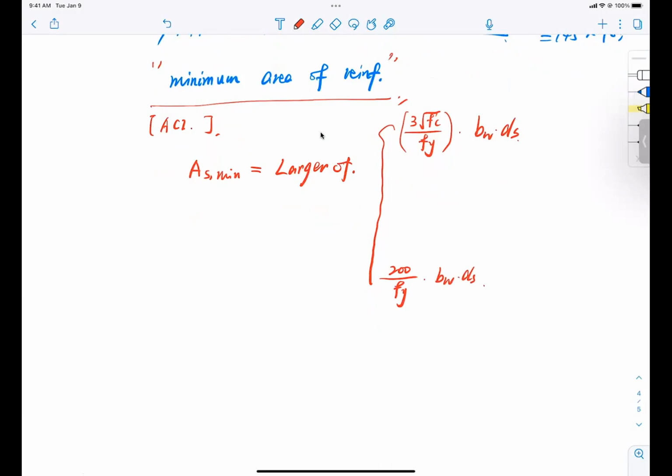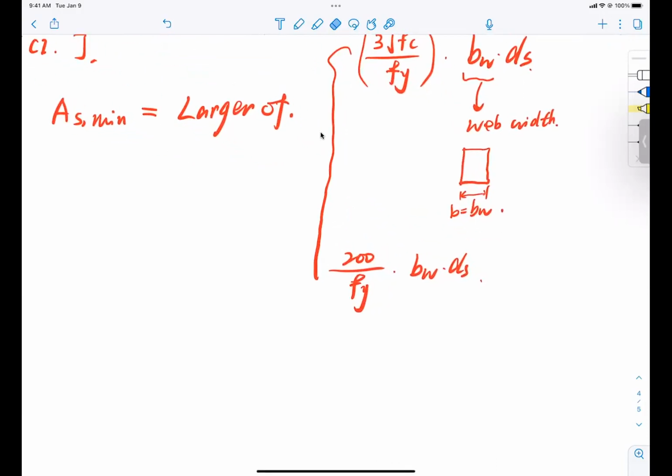Okay. All right. So let's take a look at the equation, starting from something simple. What is bw? This is called the web width. Meaning if I have a rectangular section, this bw is just my width. But if I have a T-beam, my bw is then the width of the web right here.